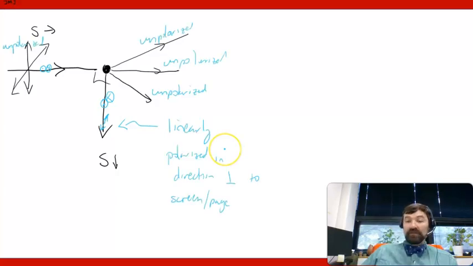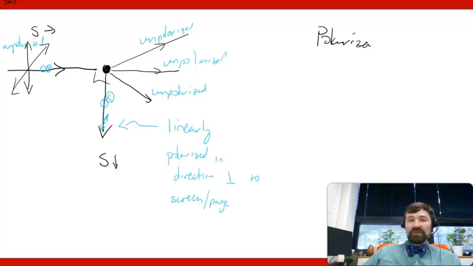The light scattered in other directions, of course, will tend to be unpolarized, although as the angle more nearly approaches a perpendicular scattering angle, the light will more nearly approach being linearly polarized light with a direction of polarization perpendicular to the plane of the page that I've drawn. So this is basically polarization via scattering.